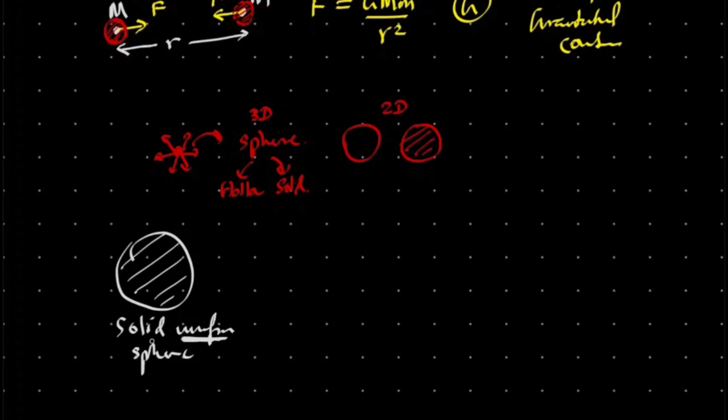So if a uniform solid sphere is there with capital M mass and another mass small m, this mass can be considered as if it's right there at the center. You can squeeze this mass into its center.